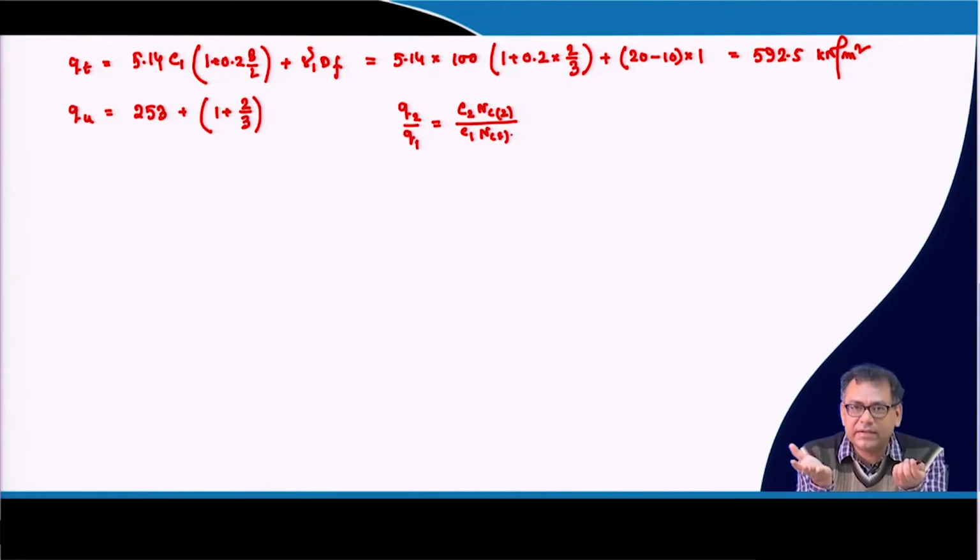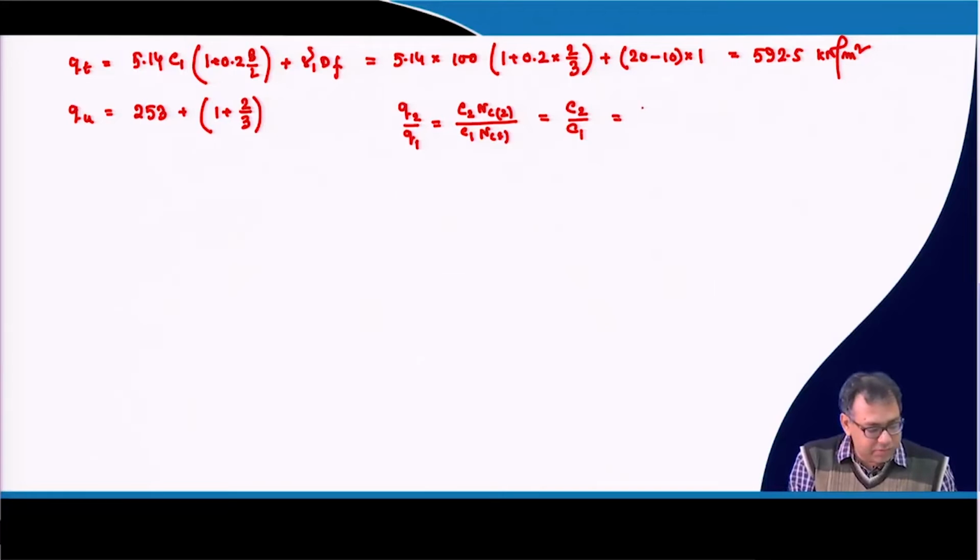But in both cases, as phi is equal to 0, NC2 will be equal to NC1, and both will be 5.14. So, it will cancel out. So, if both the layers are cohesive soil, then it will simply be the ratio of the cohesion, C2 by C1.